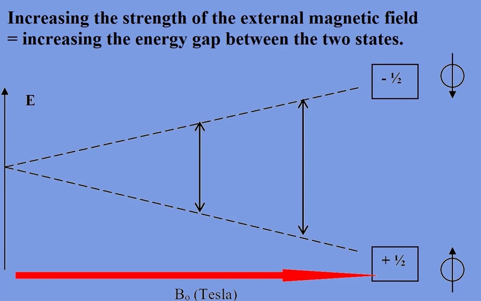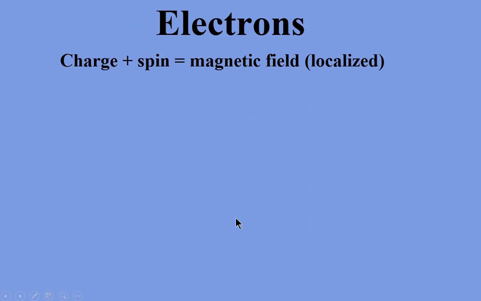There's a couple of reasons for this, but one of the main reasons is the electrons which surround the hydrogen and carbon-13 nuclei. Just like the hydrogen nucleus itself, the electrons have charge and they also have spin and movement.